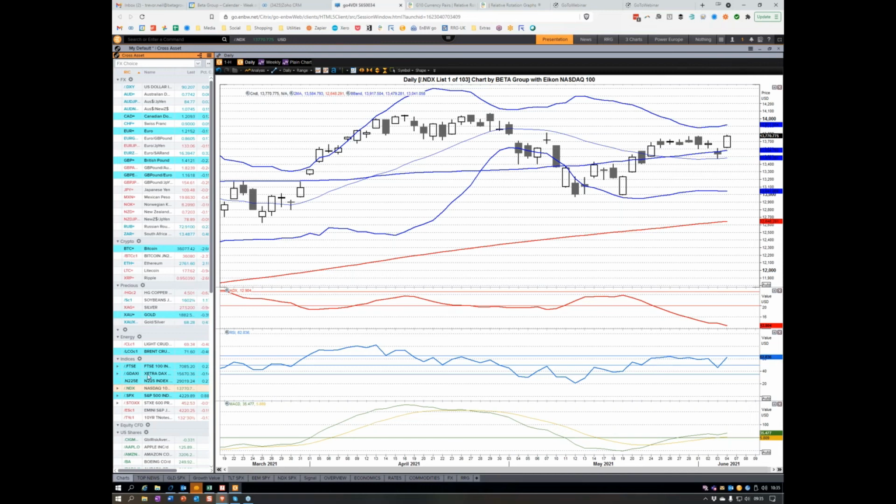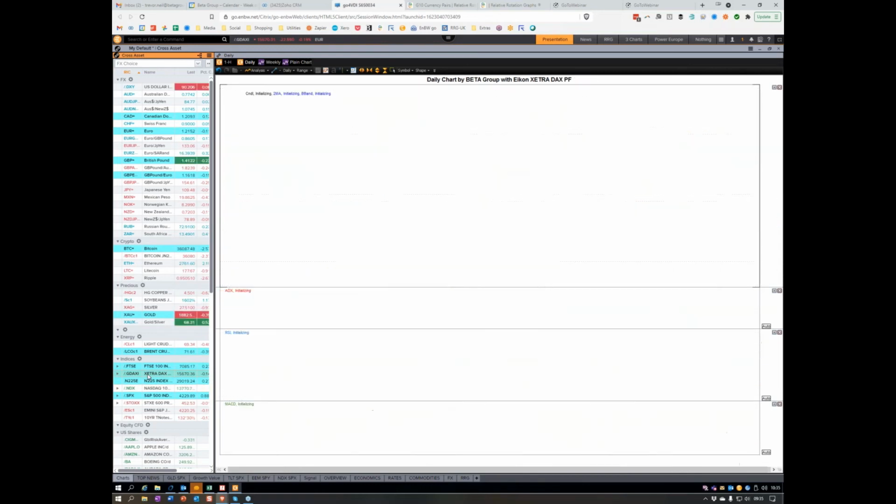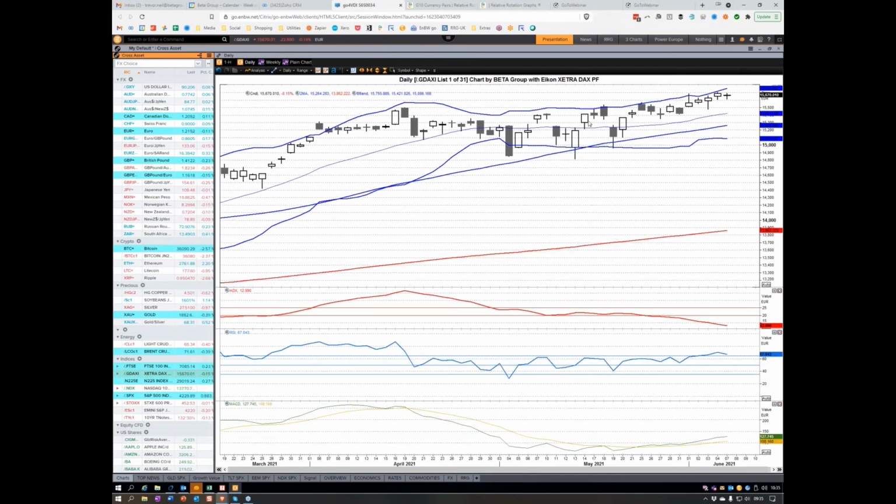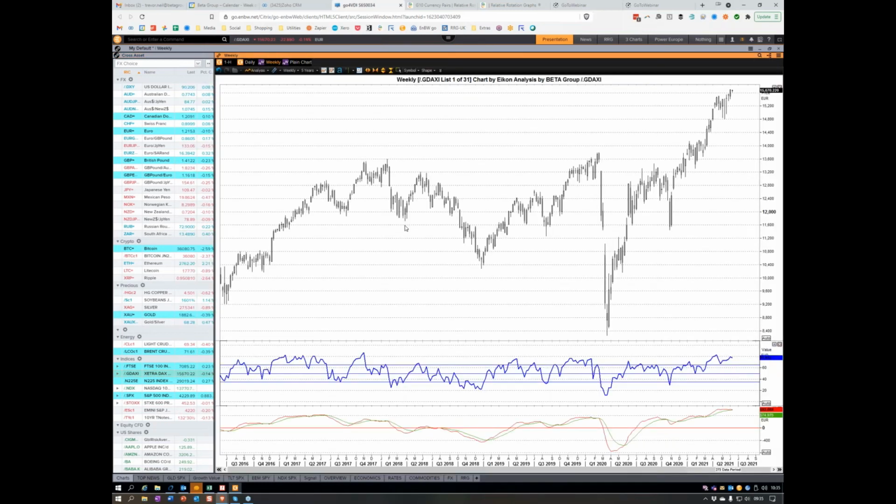Now moving to the German 30, here we are making new highs. Let's look at the weekly here. And look at this, it isn't like the FTSE with all that resistance above it. We're in blue sky here, and we're powering ahead strongly. I did want to draw your attention to when we were in this consolidation, how we had these long lower shadows, which meant that inside the consolidation, every time it went down, it was rejected, down, rejected, down, rejected.